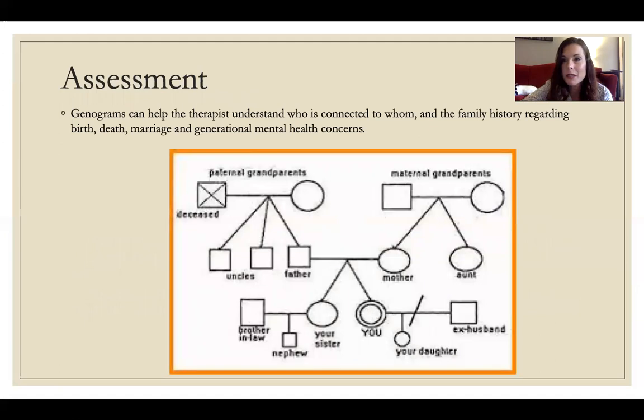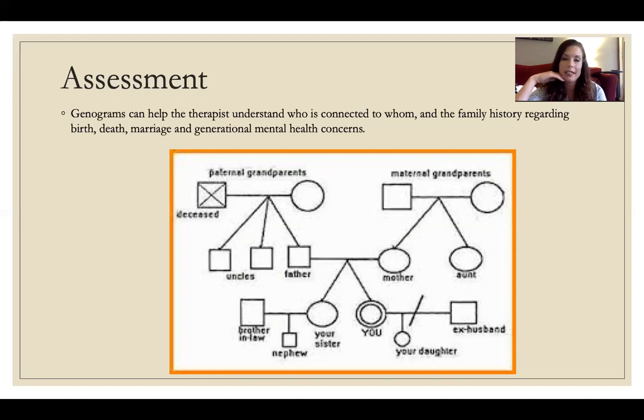So in assessment, some of the biggest tools that came out of the family therapy movement is the genogram. And this is really helpful for the therapist to figure out who's a part of the family, who's related to whom. If you're doing intergenerational family therapy, you're going to look multiple generations in the past, usually about 3 generations.